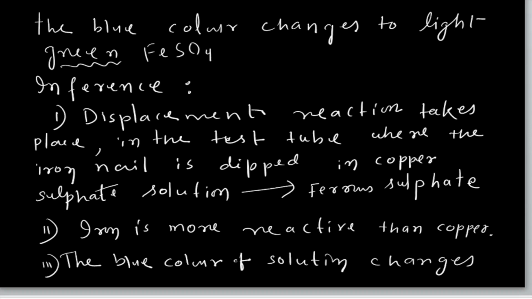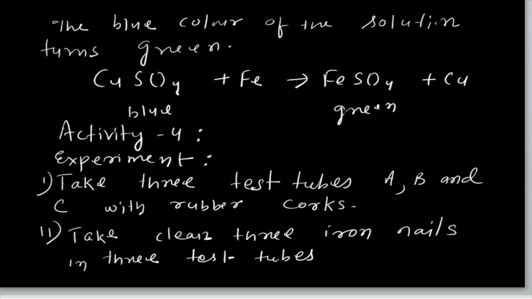That is why, when iron is dipped in copper sulfate solution, iron easily displaces the copper. The product is iron sulfate, and that is why the blue color of the copper sulfate changes to light green ferrous sulfate color.